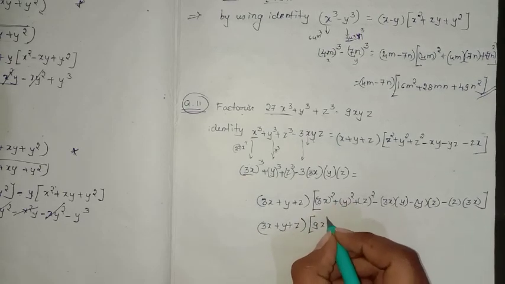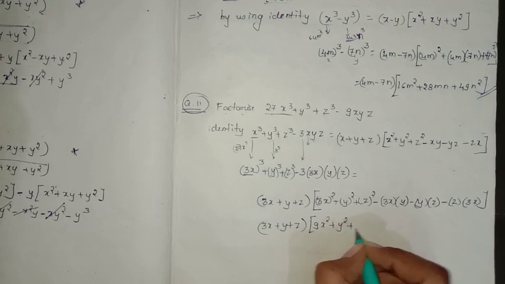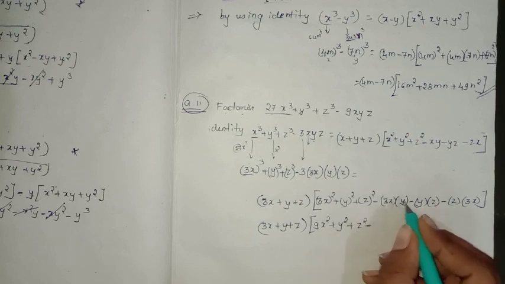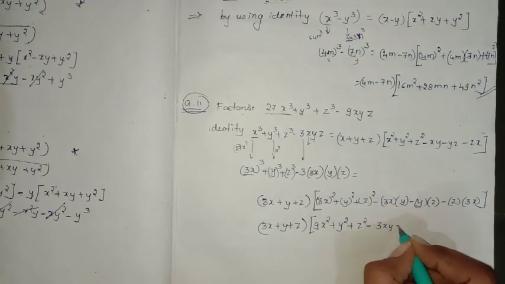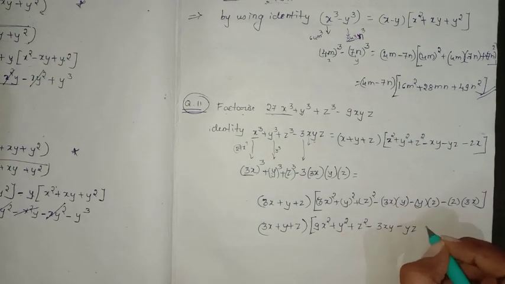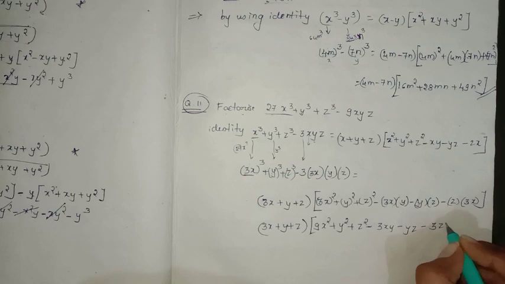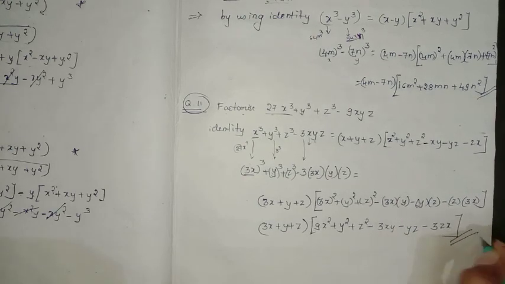So 9x square plus y square plus z square. So minus 3xy. So minus we will keep 3 into xy. 3xy minus y into z, yz minus 3 into x and z. So we'll write zx. So this completes 11th question.